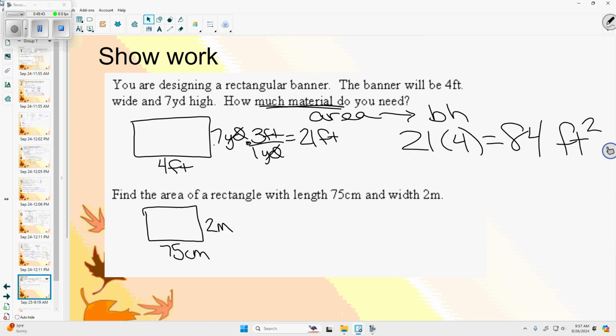Convert the 2 meters into centimeters. Check it with somebody at your table, see what they got for converting and then finding the area.